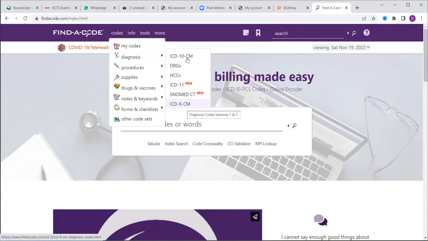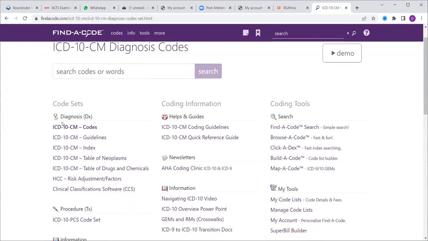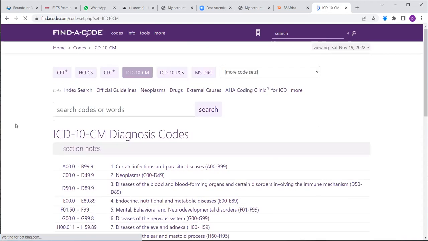Okay. So if I want to find a diagnostic code, say ICD-10, I come here, I click on codes, ICD-10 codes. It will open up to show me the various ICD-10 codes.